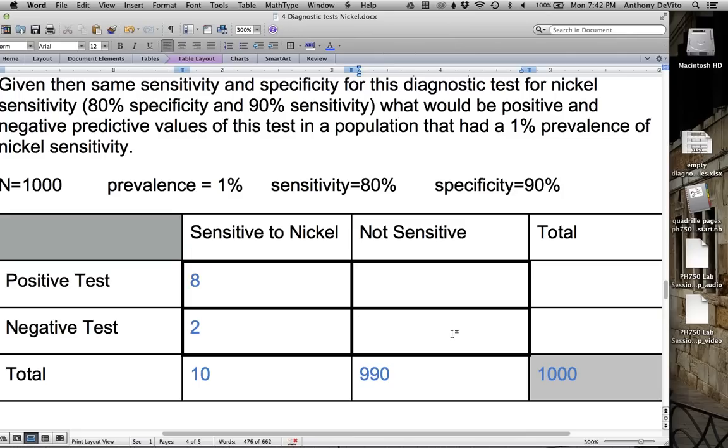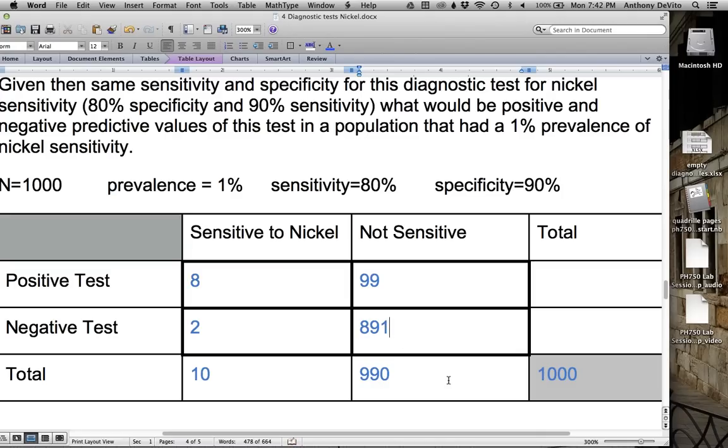So how many people out of 990 would test negative? It's easier to figure out what percentage are going to test positive, because that's going to be 10%, right? 90% are going to test negative, 10% are going to test positive. So that's going to be 99, right, up there. And what's that going to leave down here? It's going to be 891, am I right?